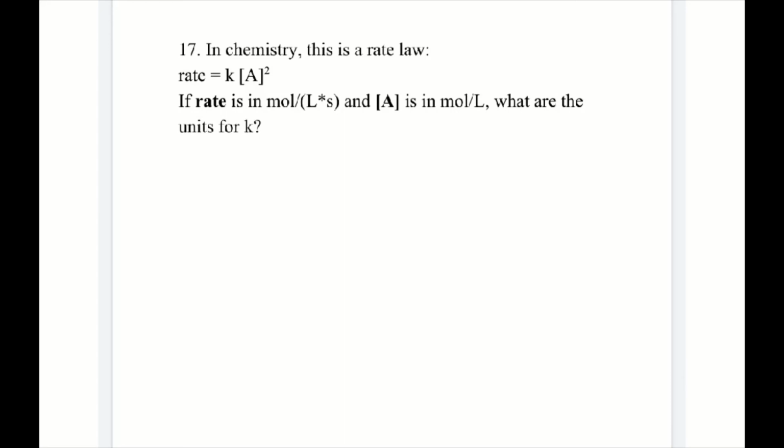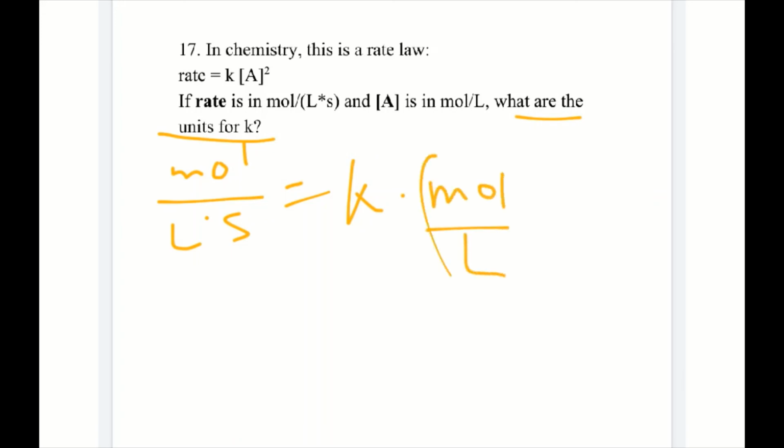So our rate can be written as moles over liters times seconds, and we set that equal to K, which is the unit we want to find, times A squared. So A is just moles per liter squared. And we have to now kind of simplify it. So we gotta use a little bit of algebra.